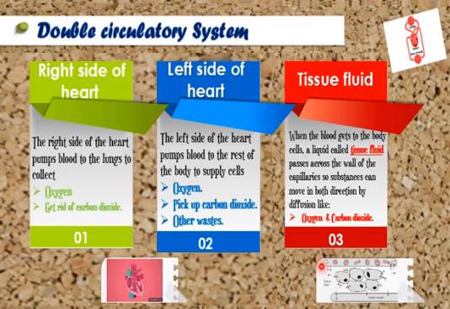So this is the third step for the circulatory system. It means the circulatory system has the right side all deoxygenated blood, and the left side all oxygenated blood, and it is moved to the body.